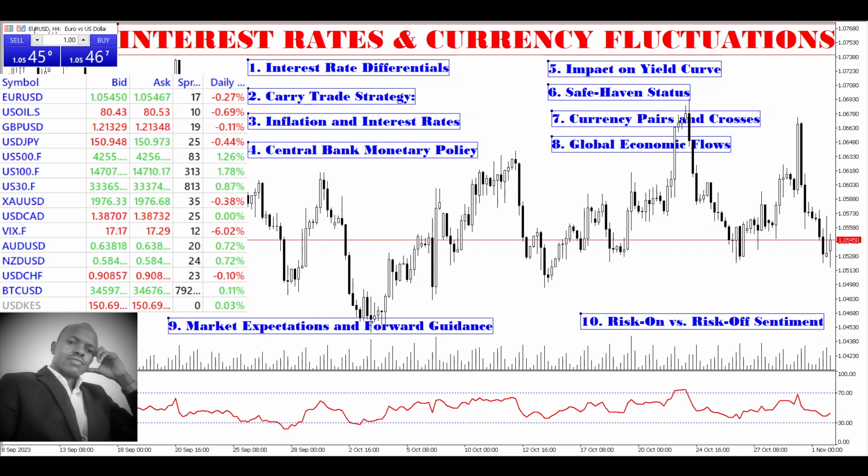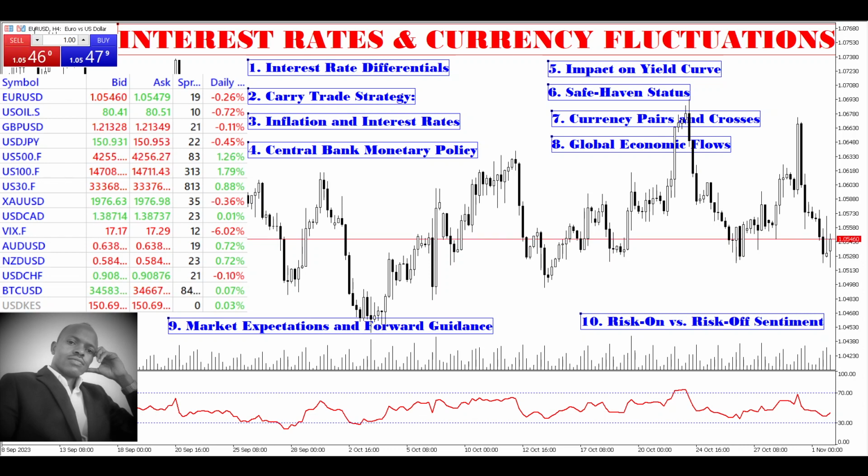That is, if a country has low inflation while its interest rates are higher, then the currency of that country would be stronger, which means that buyers would more likely buy that currency versus the currencies it is competing against.